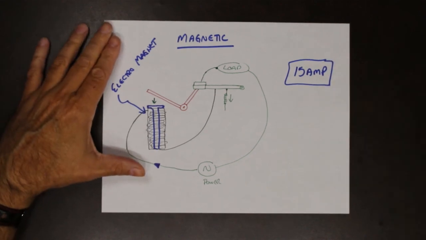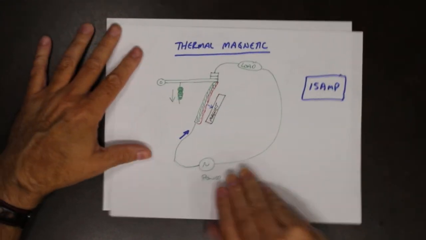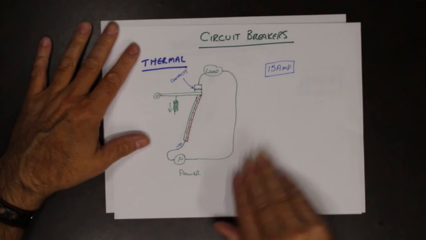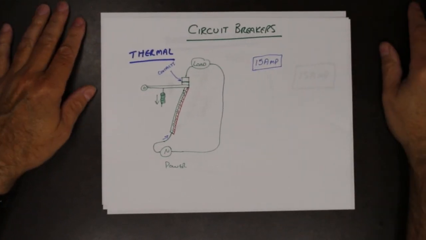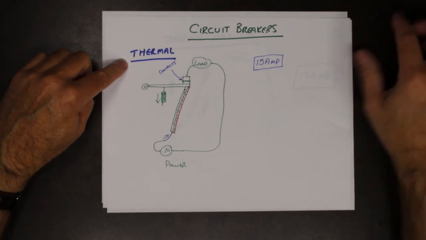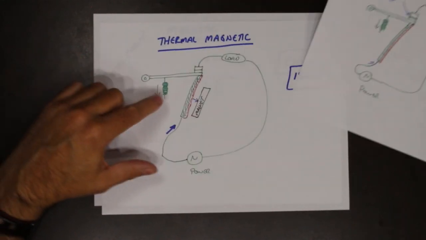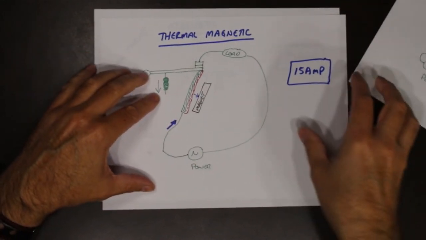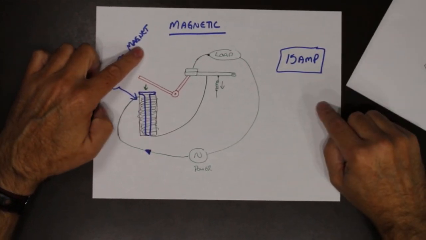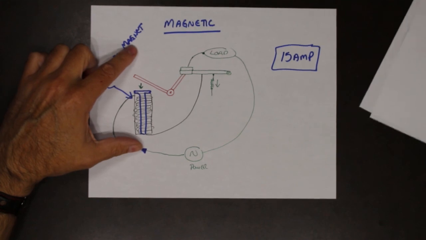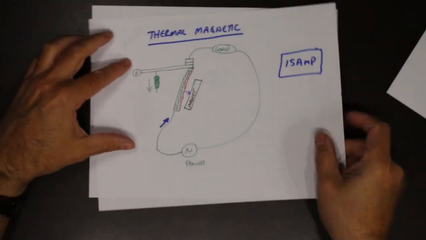So, three types of resettable circuit breakers: thermal, thermal magnetic, and purely magnetic. What are some advantages and disadvantages?